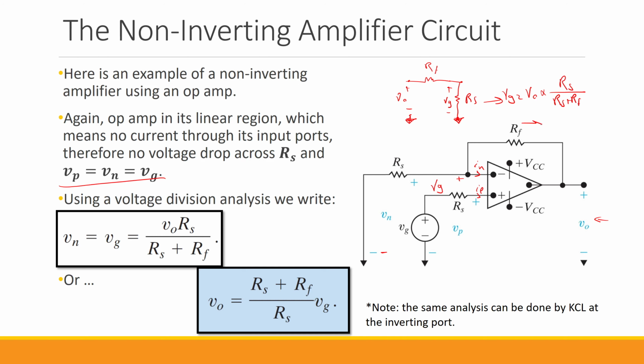Now that we have this, we can write the value for Vo with respect to Vg as Rs plus Rf over Rs multiplied by Vg. And this can be simplified as 1 plus Rf over Rs multiplied by Vg. So this is the same conclusion that we had before. We went through both techniques to get to the same final conclusion.